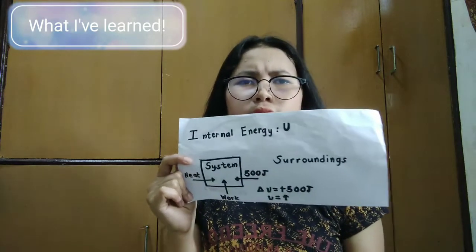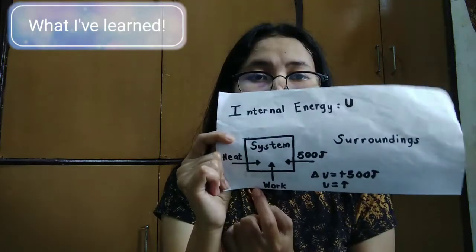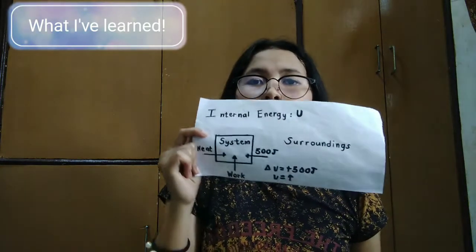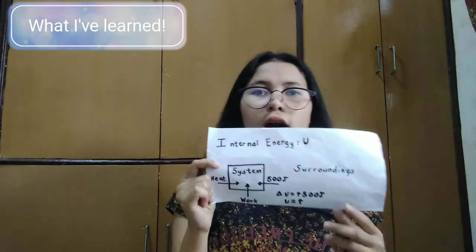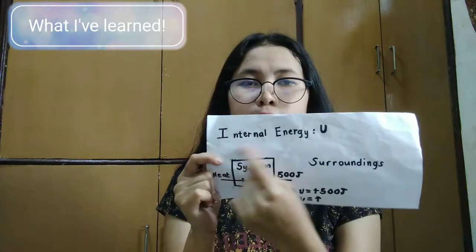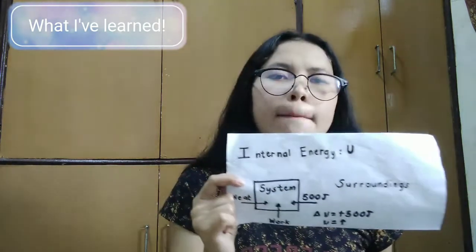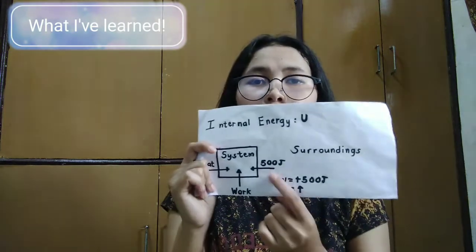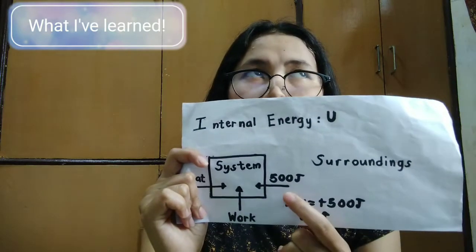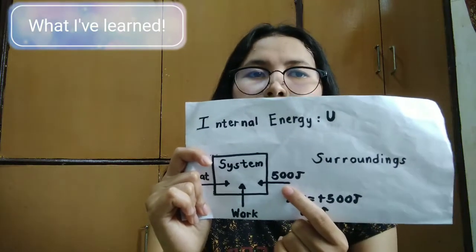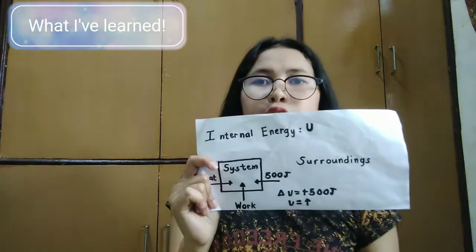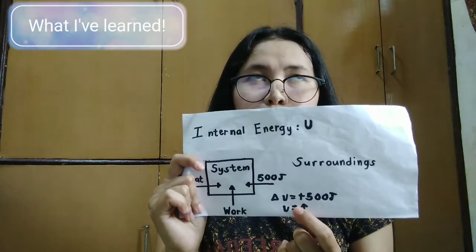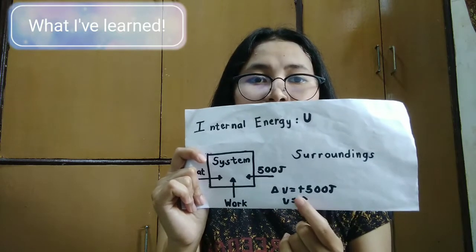Now the surroundings can do work on a system, so those are the two ways in which a system can increase its internal energy. For example, if the surroundings have performed 500 joules of work on the system, that means the system's internal energy goes up by 500, so the change is positive.